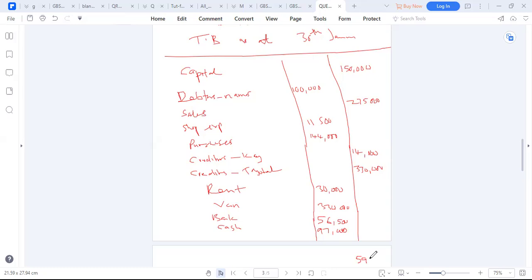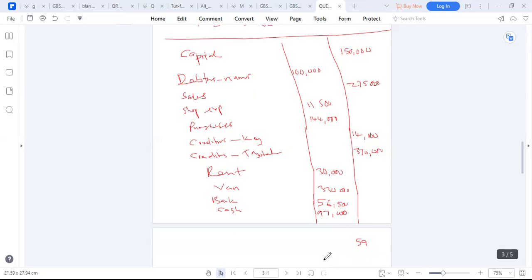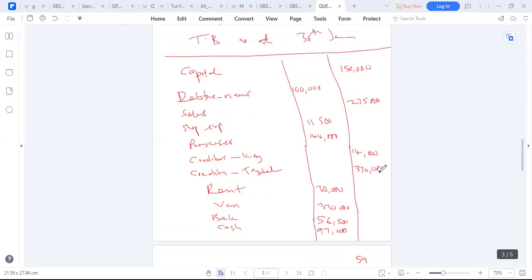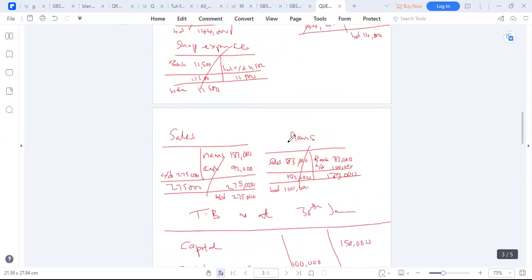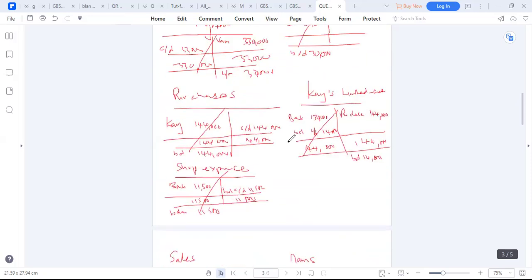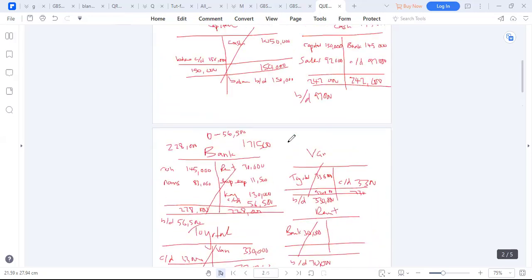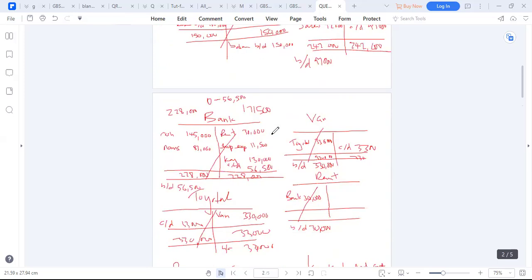I'm finding 439,000 on the debit side and 769 on the credit side. Ideally, it's supposed to balance on both sides. So did we leave out any transaction? Is that what the rest of you are getting?